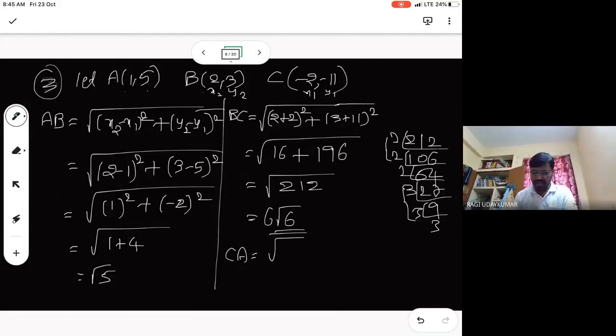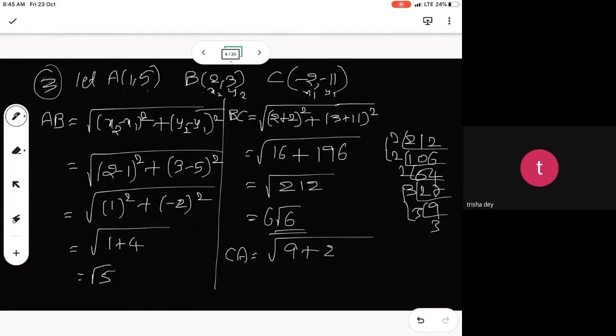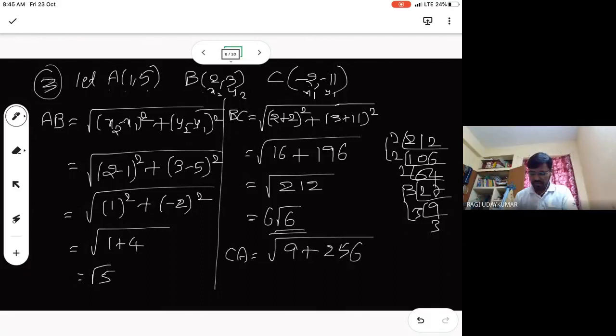Under root of, directly I am going to do (1 plus 2) whole square. 3 square means 9 will come. 5 plus 11, 16 square, what will it be? 256. Yes, 256. So under root of 265 will come. 265.